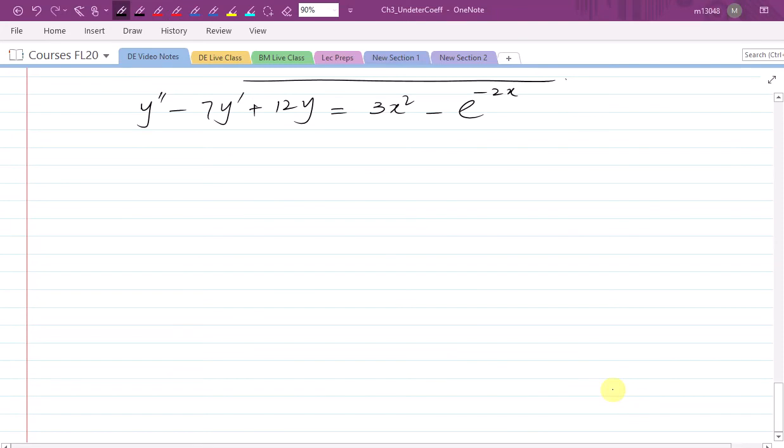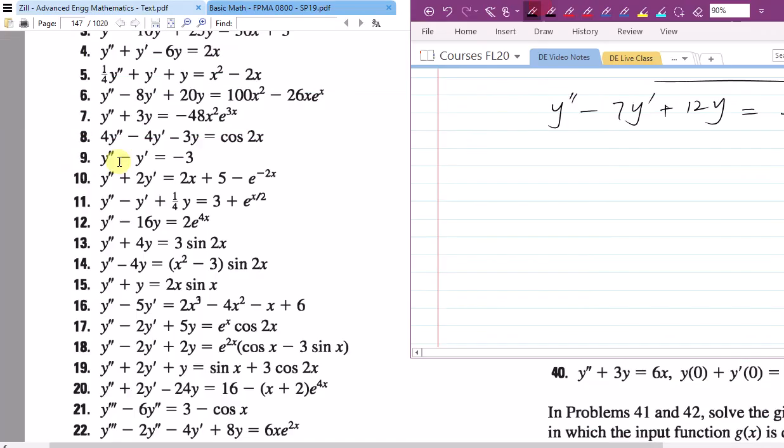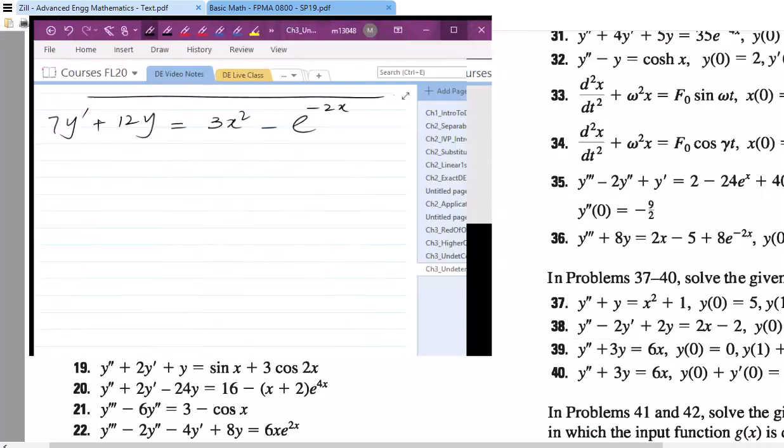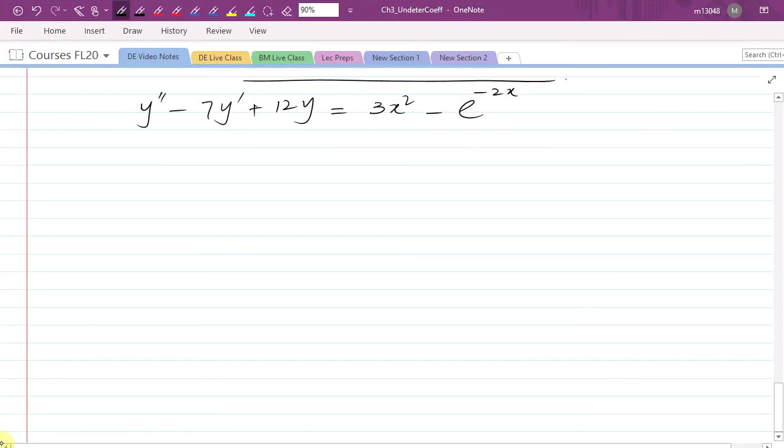Our next example is this one. I am modifying questions from the book slightly because we are not going to discuss all the cases of undetermined coefficients. Right, for yc, we have equals 0.